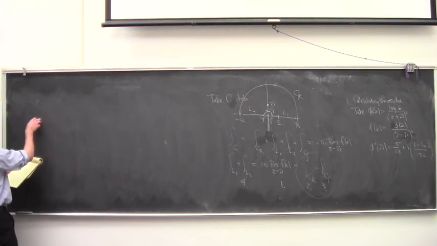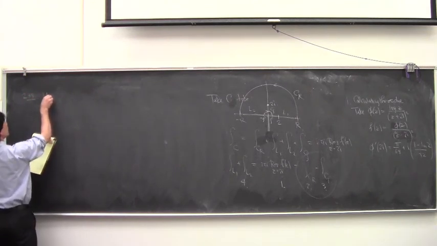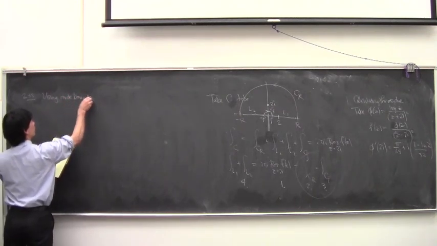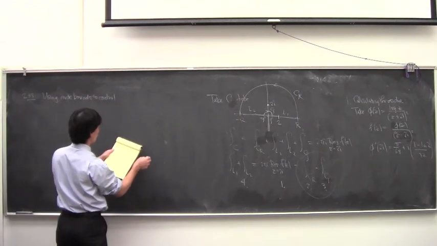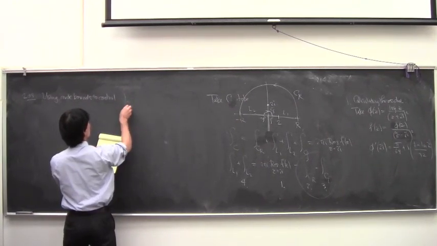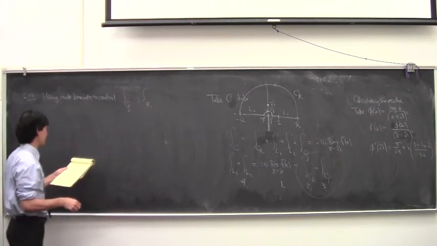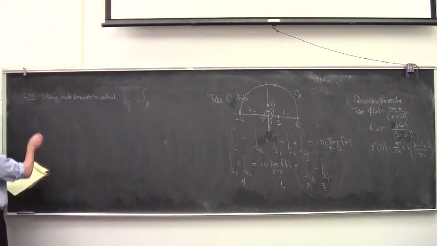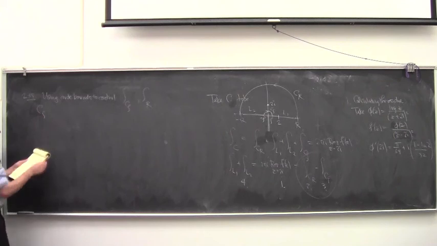So part 2 and 3, using crude bounds to control the integrals of the C rho and the integral of the CR. Okay, so let's do C rho first.